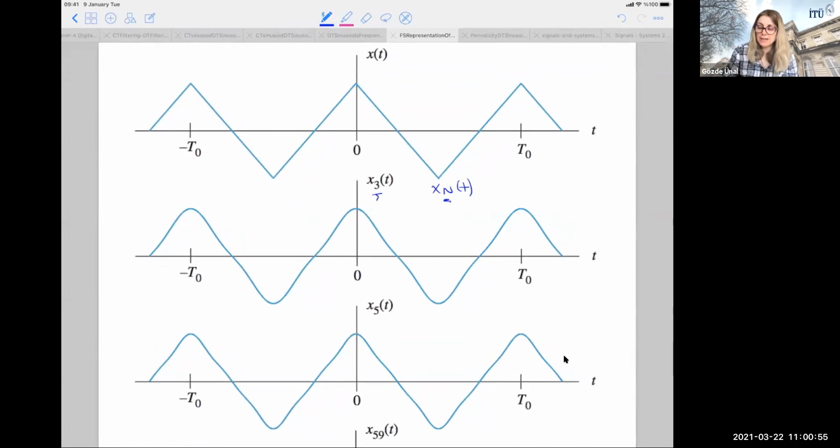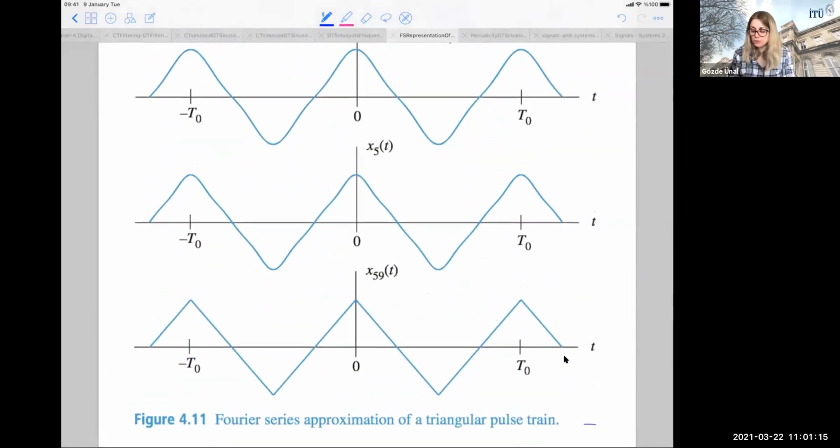So you see, I added 3 harmonics to represent this triangular signal. When added, the first 3 harmonics are already coming close to a triangular wave. X5, add 5 of them, gets better. And X59, look guys, when n is 59, it's a very good approximation of a triangular waveform.